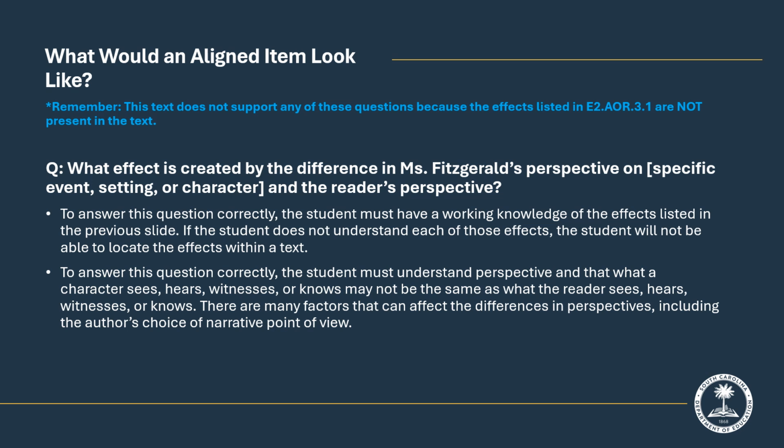To answer this question correctly, the student must understand perspective and that what a character sees, hears, witnesses, or knows may not be the same as what the reader sees, hears, witnesses, or knows. There are many factors that can affect the differences in perspectives, including the author's choice of narrative point of view.